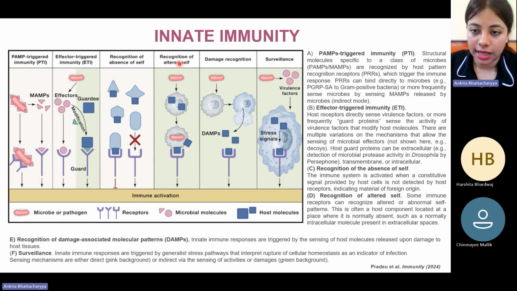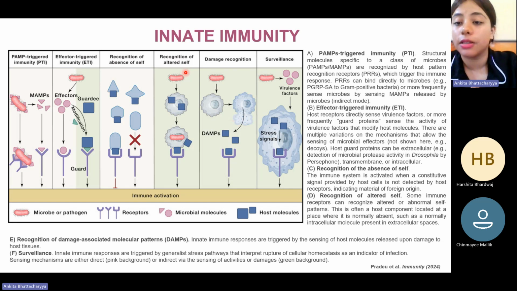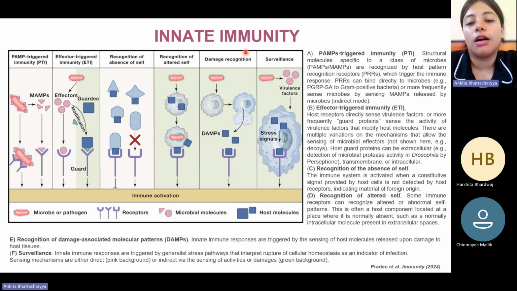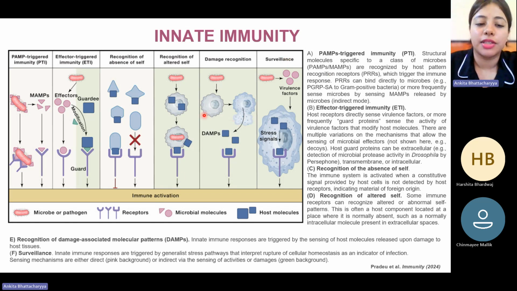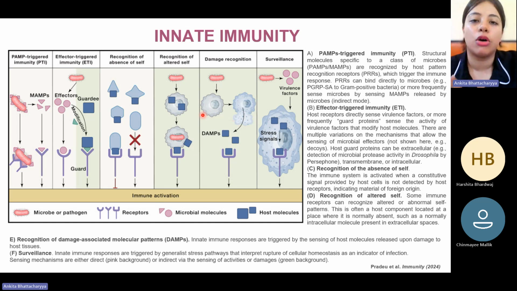If there is altered self, that is, if a host cell is undergoing some sort of transformation, say, for example, if it is cancerous in nature, or if there has been a viral infection within the cell and it starts behaving in an abnormal manner, then in such a case, innate immunity can be very relevant. Then, if a cell is damaged, there is its recognition and, under default conditions, surveillance to make sure that a cell is healthy and it is not carrying any unwanted proteins, or it is not behaving in an abnormal manner. Those are all the different aspects that are monitored and that are a part of the surveillance mechanism of innate immune cells.